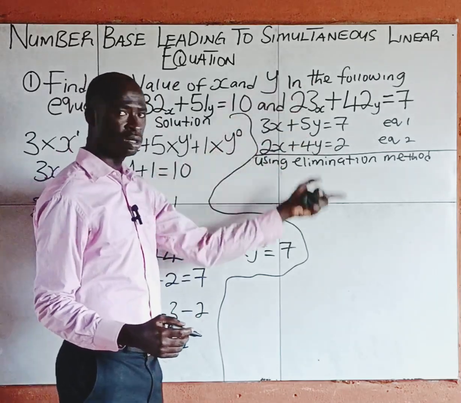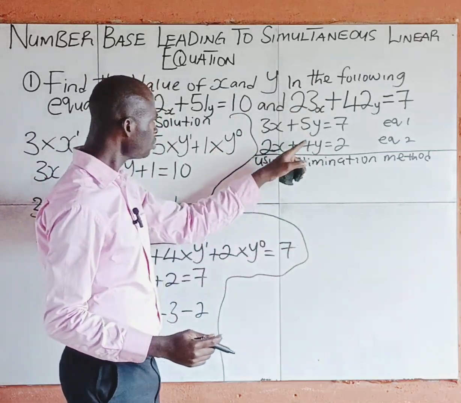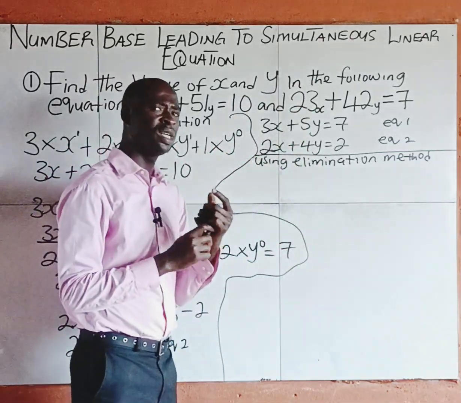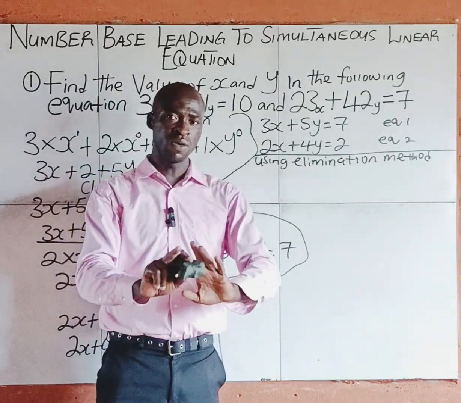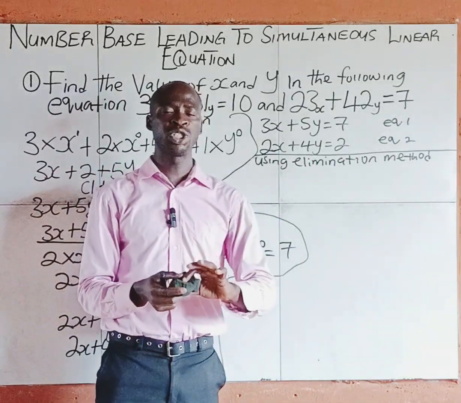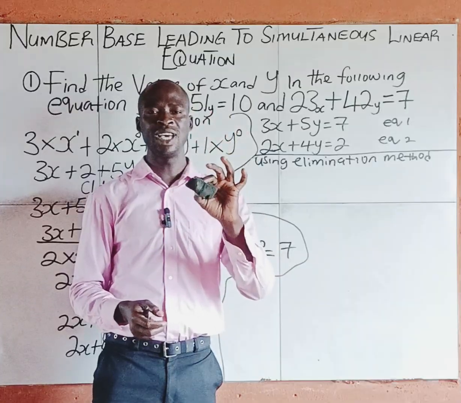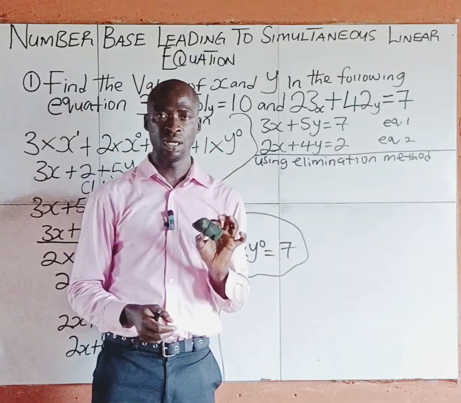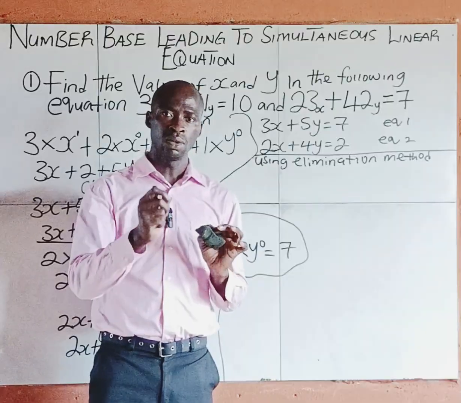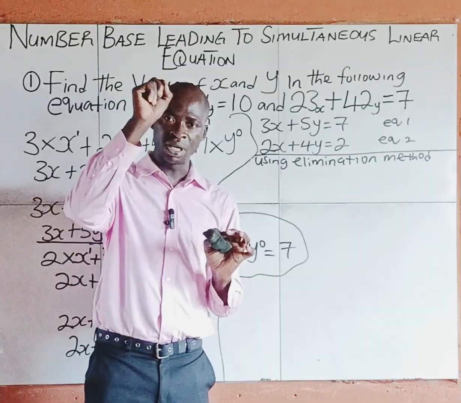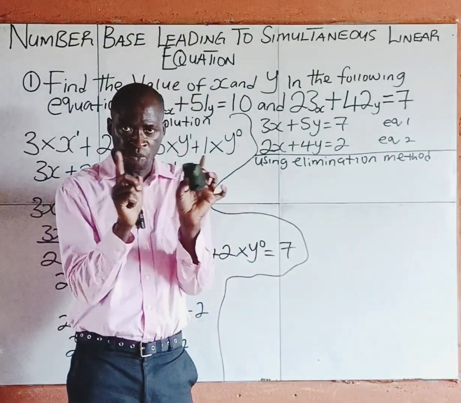So now let's look at this together. In simultaneous linear equation, if you are using elimination method, let me just give you a quick concept. If I'm to purchase a pack of milk of, let's say, 1,000 naira or $1,000, one person will be credited while the other will be debited. Both must match.